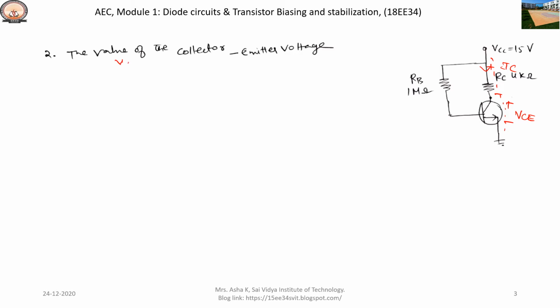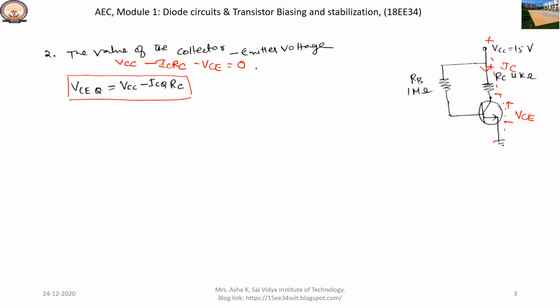By applying KVL, that is, here ground to positive plus VCC, minus ICRC, then minus VCE is equal to 0. Then after rearranging, we are going to get the Q point, that is VCEQ is equal to VCC minus ICQ into RC. After substituting the values, we are going to get the value of VCEQ is equal to 9.28 volts.